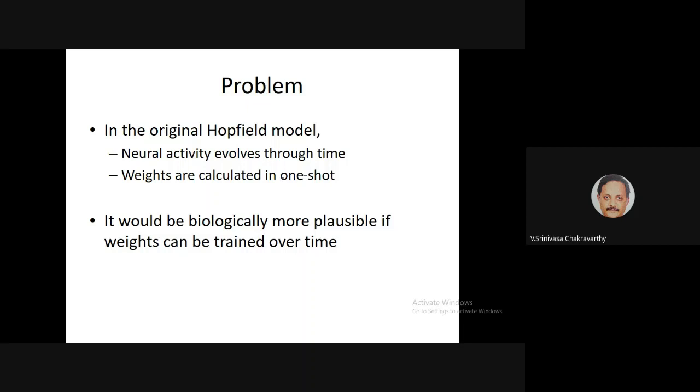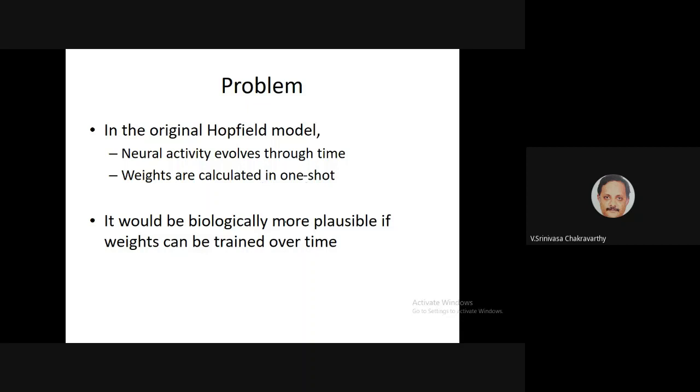You get exposed to it, and there's a time involved. You cannot just program your connections in the brain to be equal to something in 1 second. There is an exposure time, and then slowly the connections evolve, and you store information.